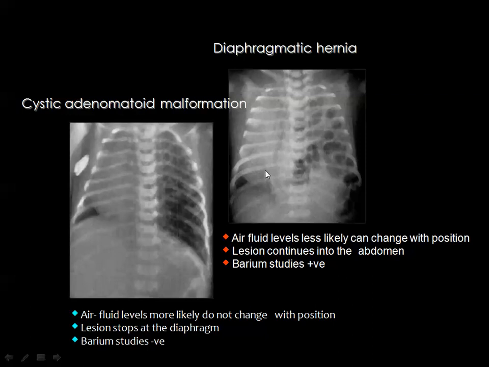Then how can you differentiate between both? One of the differentiating points is to see that air in the lung is continuous with air in the abdomen. And in cases of adenomatoid malformation, air loculi in the lung will stop at the level of the diaphragm. The second way to differentiate is to give the patient barium, either for the upper GI or for the lower GI.